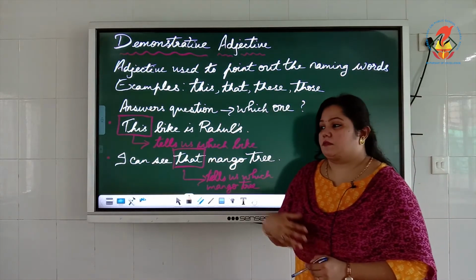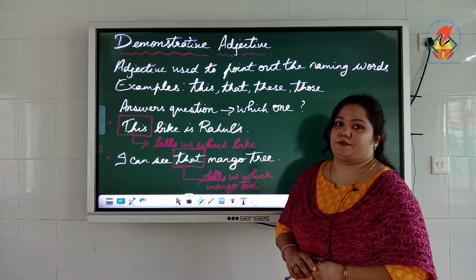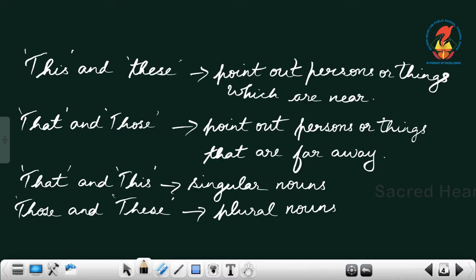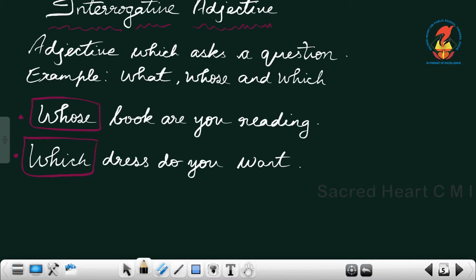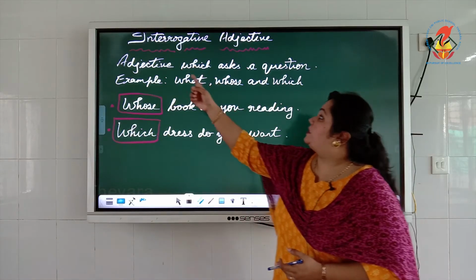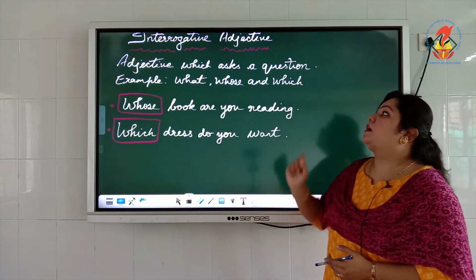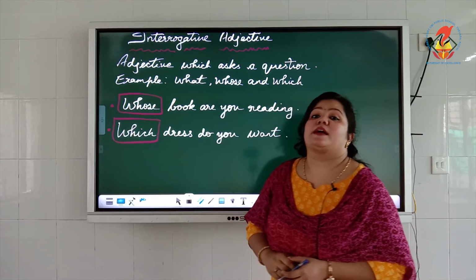Now let us learn the next type of adjective, interrogative adjectives. So what are these interrogative adjectives? They are adjectives which ask a question. Okay, so adjectives which ask questions are known as interrogative adjectives. The meaning of the word interrogation is asking a question. So adjectives which ask a question are known as interrogative adjectives.